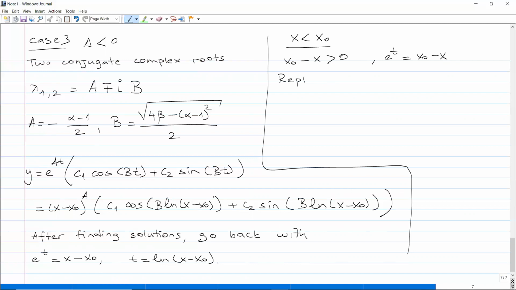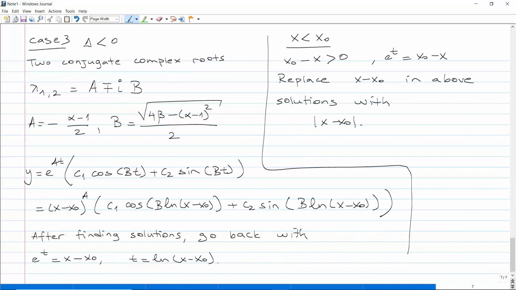It just happens that you replace x minus x0 in the above solutions with the absolute value of x minus x0. And that solves your problem.